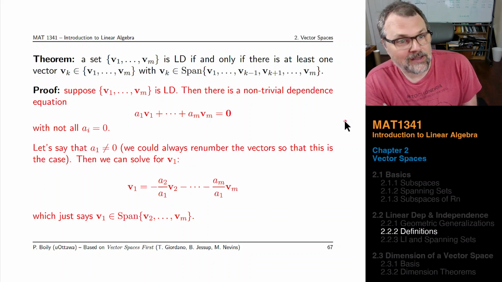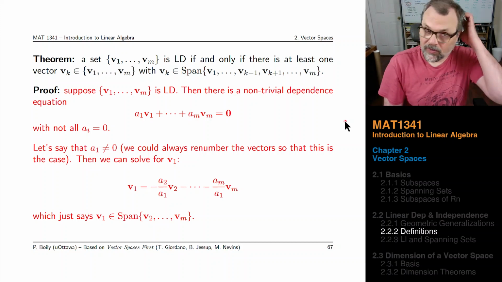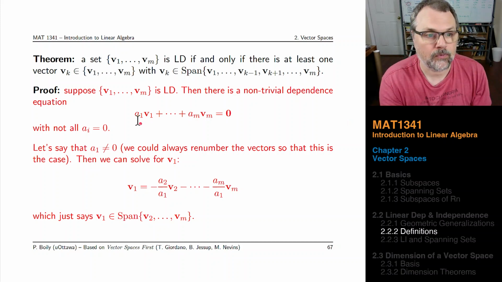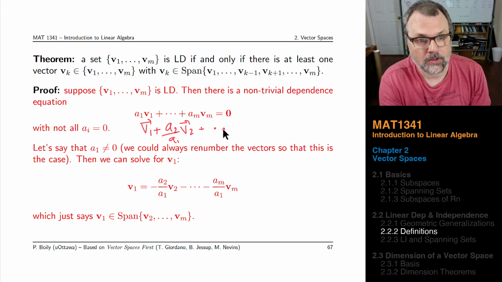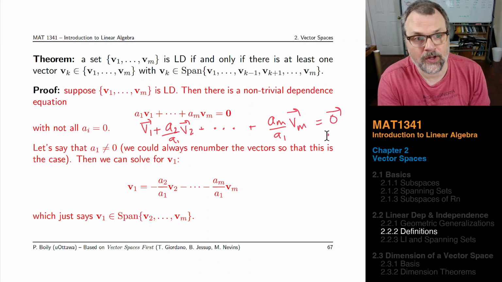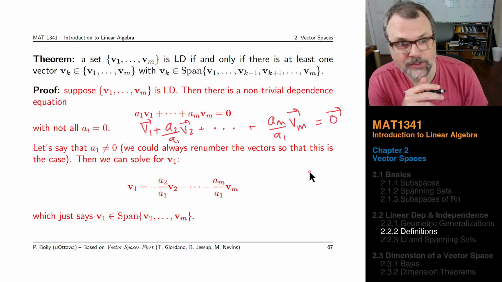If that's the case, if a1 is not equal to 0, then you can take the original relation here and divide everything by a1. So you get v1 plus a2 over a1 v2 plus all the way up to the last one, am over a1 vm is equal to 0 over a1, but 0 over a1 is just 0.